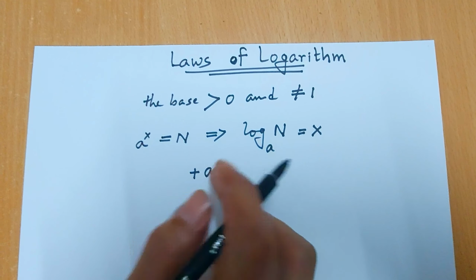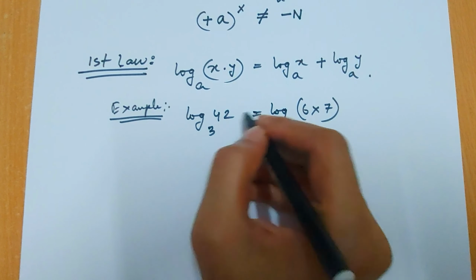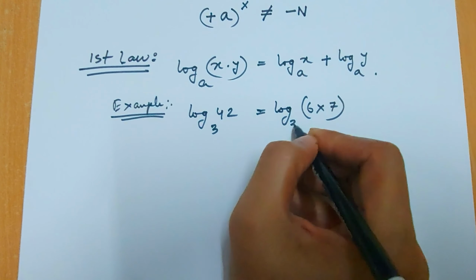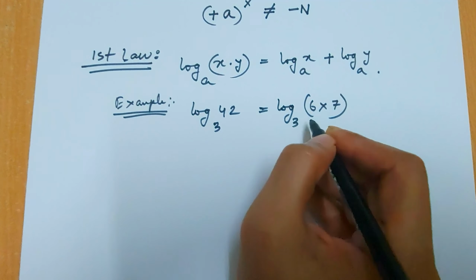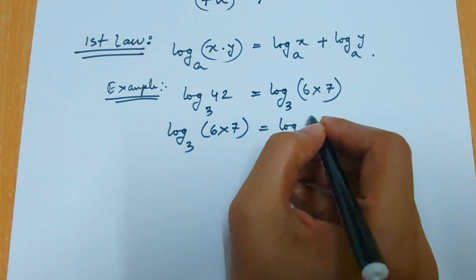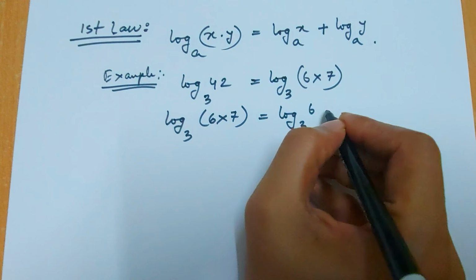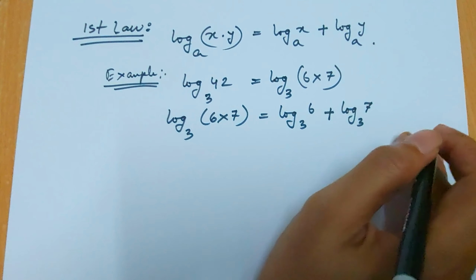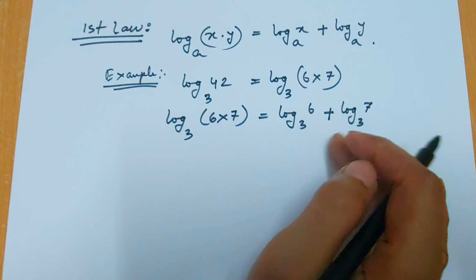This 42 we can write as 6 into 7. 6 and 7 are factors of 42. Now log of 6 into 7 base 3 equal to log of 6 to the base 3 plus log of 7 to the base 3, and that is how it works.